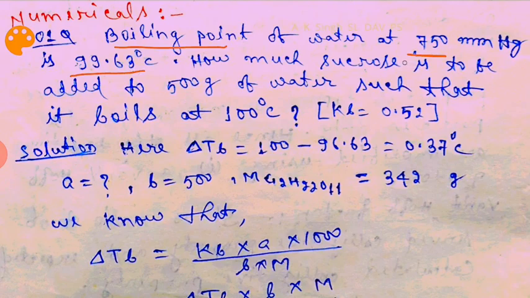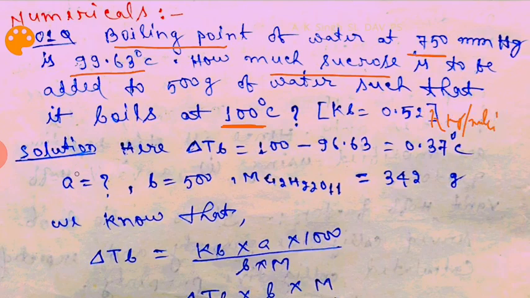At 760, it is 100 degrees Celsius, but here pressure is less, so boiling point is 99.63 degrees Celsius. How much sucrose is to be added to 500 gram of water such that it boils at 100 degrees Celsius? Kb is given. Kb is equal to 0.52 Kelvin kilogram per mole.